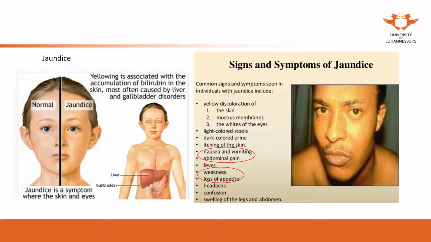Jaundice is one of the examples we use here as the Shaoyang disease. When you see from the symptoms, nausea, vomiting, abdominal pain, weakness, loss of appetite, these symptoms are very close to the description that I gave you at the beginning of this video from the clause of 小柴胡汤.